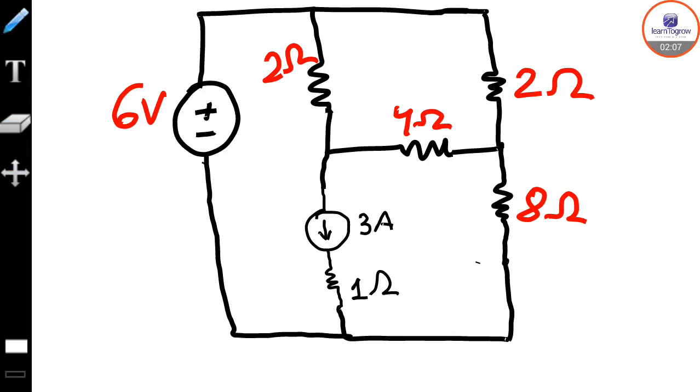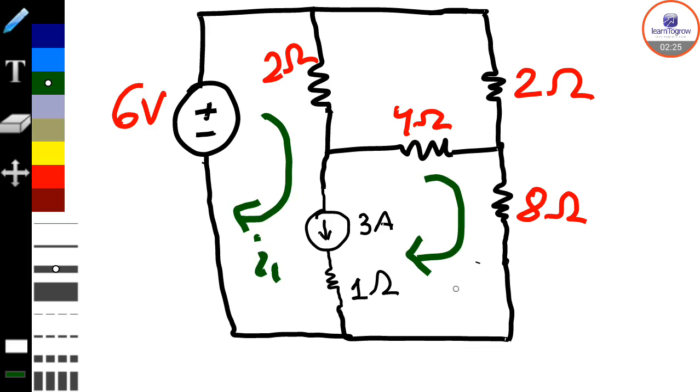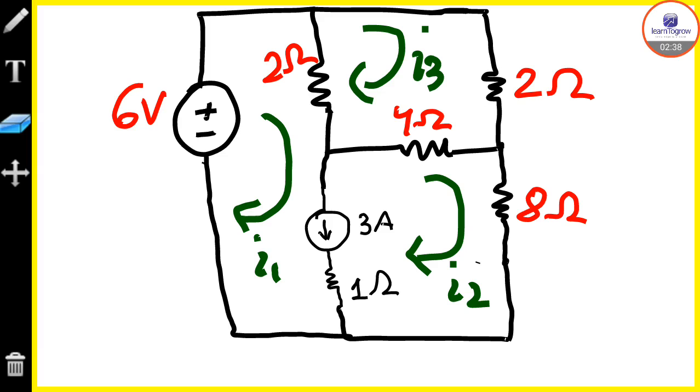Here we will apply KVL first. In KVL we assign the currents first. Let's say that I1 is flowing in this direction from this mesh, I2 is flowing from this mesh in this direction, and I3 is flowing in this direction from this mesh. In the supermesh case, I said earlier that we open the circuit at the current source, so we will open it like this.